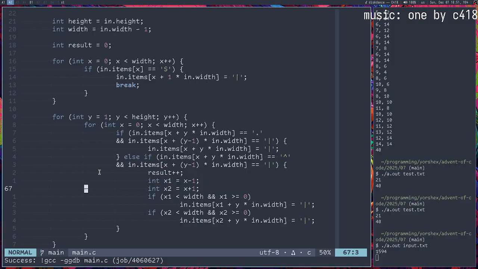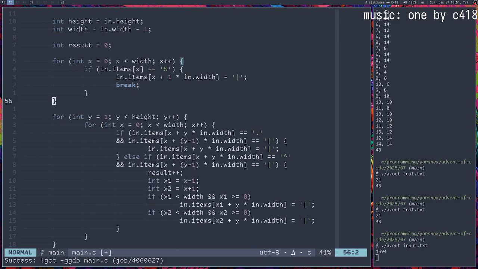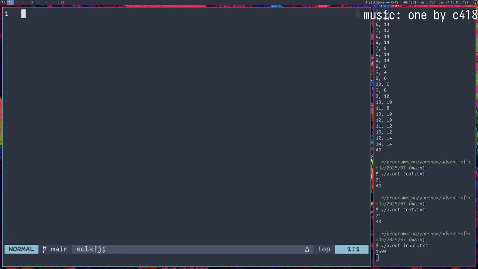I remember I was watching some kind of regex video, let me actually do this in some kind of test file.